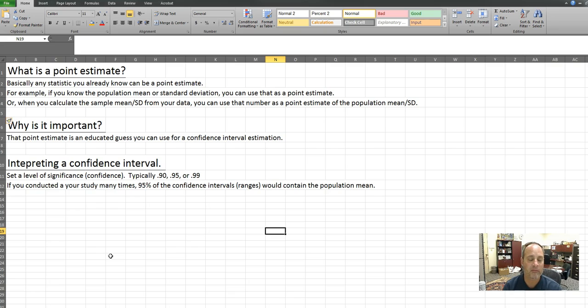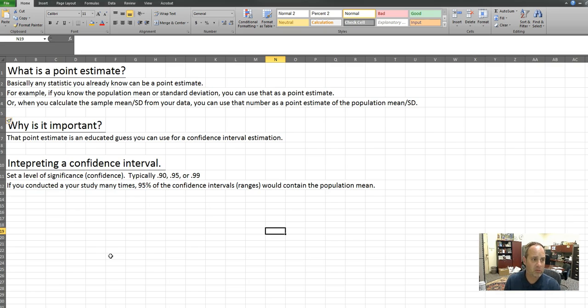That's not a fancy term really for anything other than basically any statistic or number that you already know that's been previously calculated, whether it be for the population or for a larger sample. That's your point estimate that you would use to extrapolate your confidence interval from.